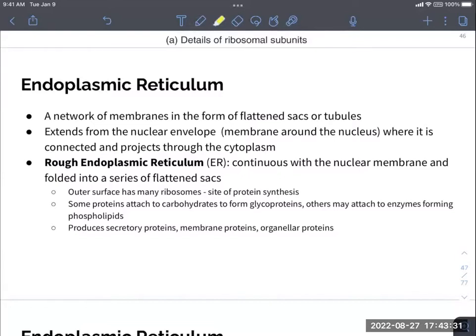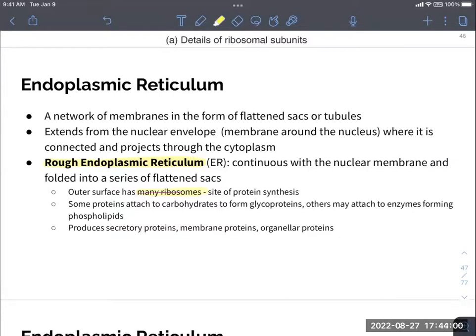We have what I was mentioning before, the rough endoplasmic reticulum. It is continuous with the membrane of the nuclear envelope off the nucleus. It folds and flattens back on itself. It contains many ribosomes, and it's the site of protein synthesis.